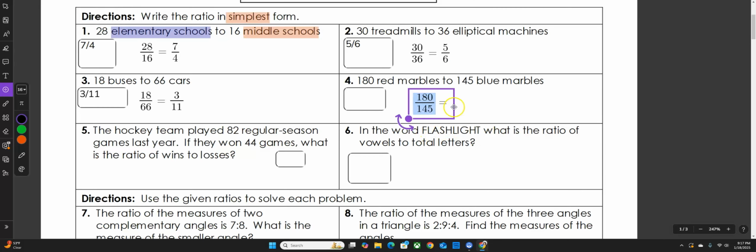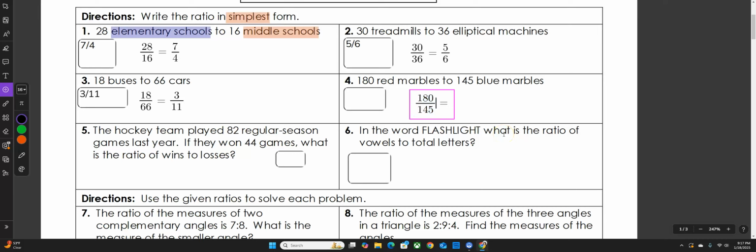So 180 over 145 converted to a fraction is 36 over 29. Yes, 36 over 29. And if you are using the equation editor, you will notice that your fractions will automatically turn into the vertical fractions.